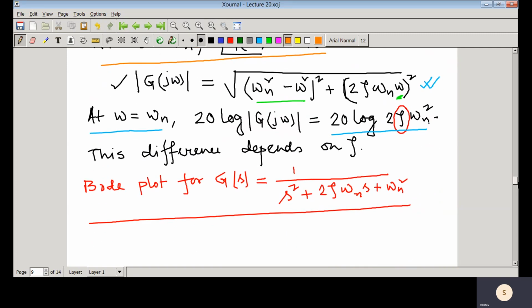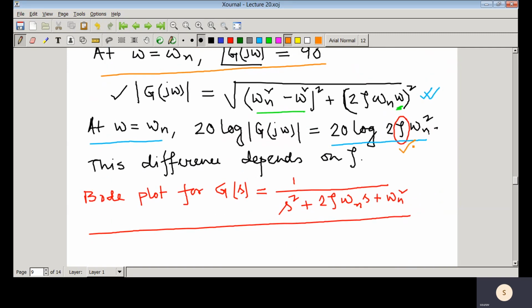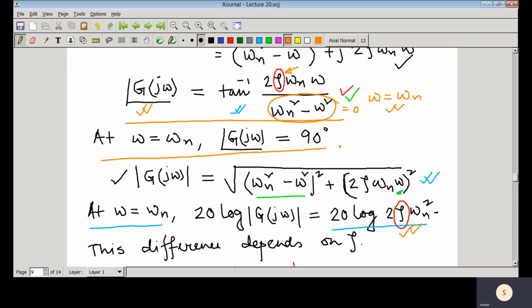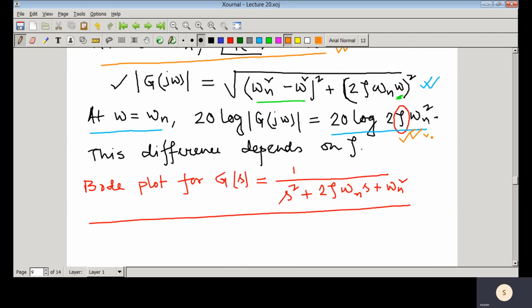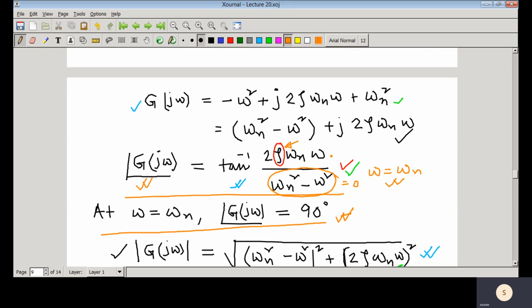Only the magnitude depends on zeta. Repeating, whenever we have a second order factor, at omega equal to omega n the angle is always 90 degrees, but the gain is different because it depends on zeta. When we move away from the corner frequency, the exact value of both gain and phase depends on zeta.